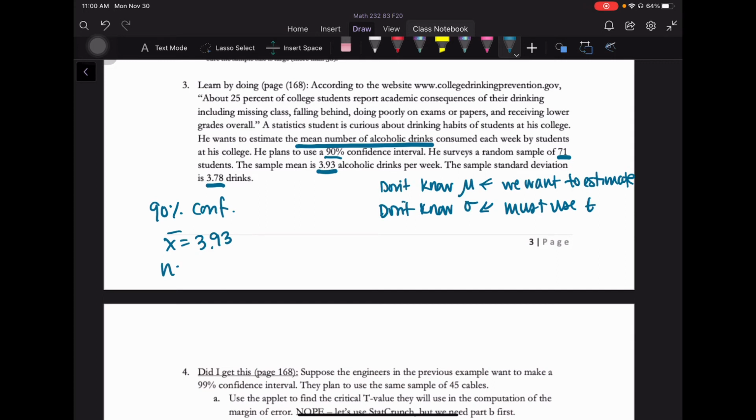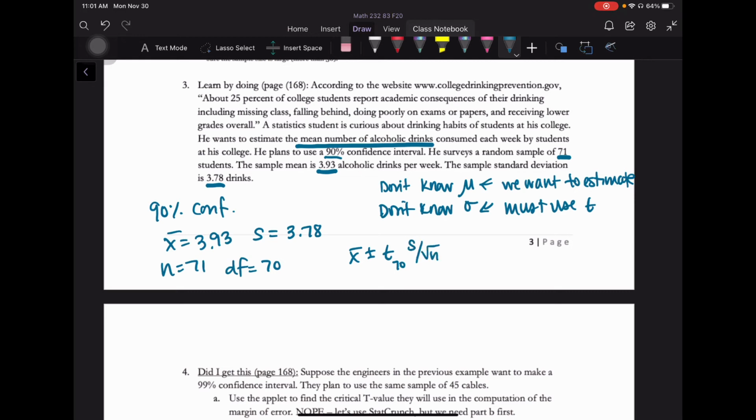We know that the sample size is 71, which means we also know that the degrees of freedom is 70, n-1. And we also know the standard deviation of the sample is 3.78. And we have our confidence interval is x bar plus or minus the t critical value for 70 degrees of freedom times, I'll keep it with symbols, s over square root of n.